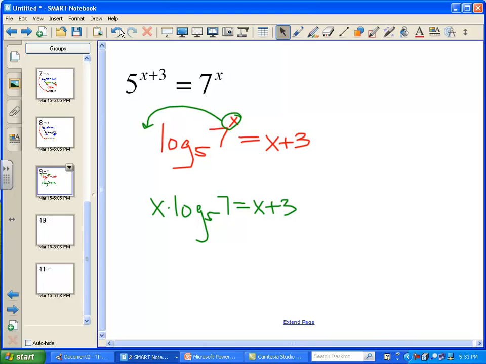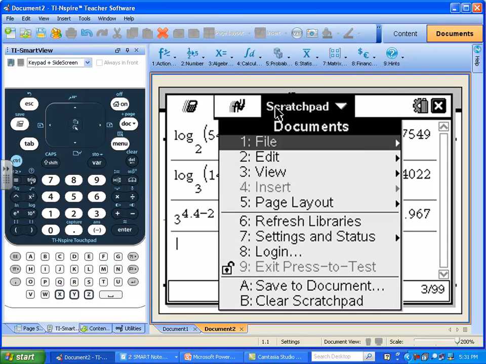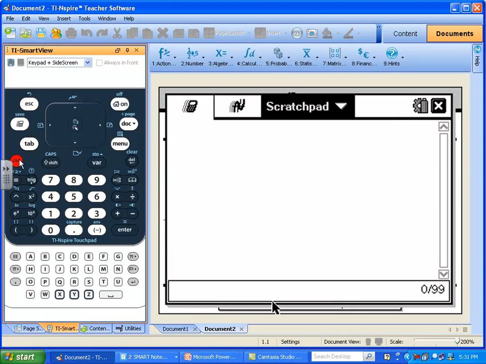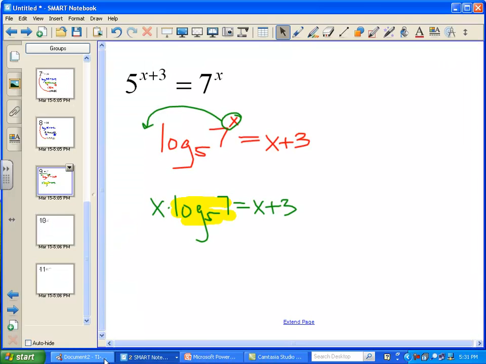Now I want to take log base 5 of 7 and find that value. So we'll go back to the calculator. I'll clear the scratch pad out, and we'll go log base 5 of 7, and you get 1.21. So we'll call that 1.21, and we'll go back.